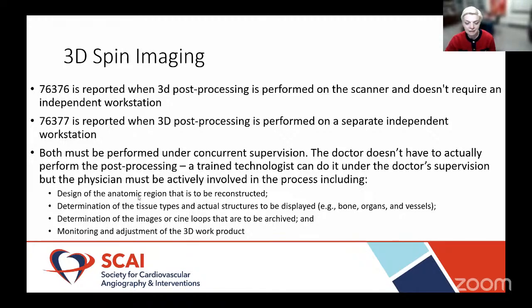Design the anatomic region that is to be reconstructed, and determine the tissue types and the actual structures to be displayed on the 3D reconstruction, i.e. do you want organs, vessels, however you want it to look. Then determination of the images or cine loops that are to be archived, and then monitoring and adjustment of the 3D work product. So the physician could still even be scrubbed in or doing something else as long as they're supervising this process.